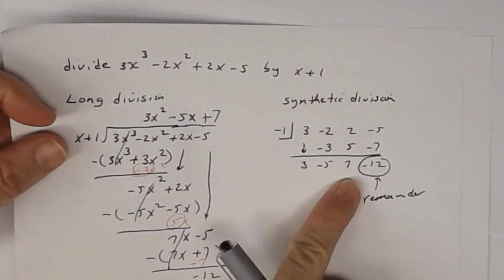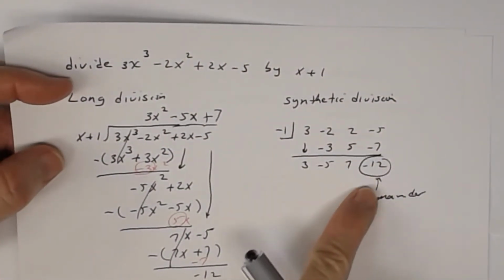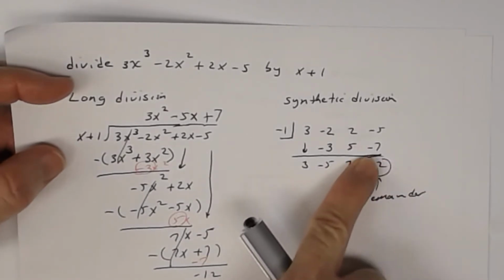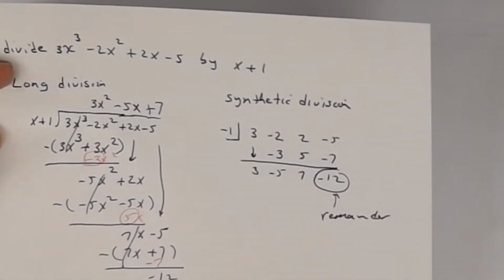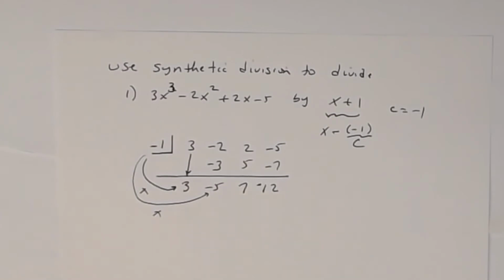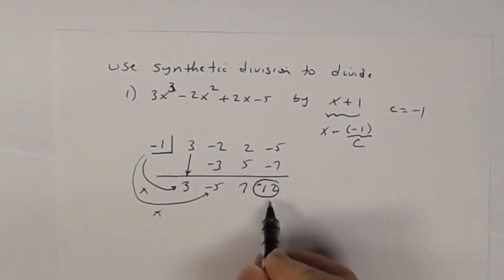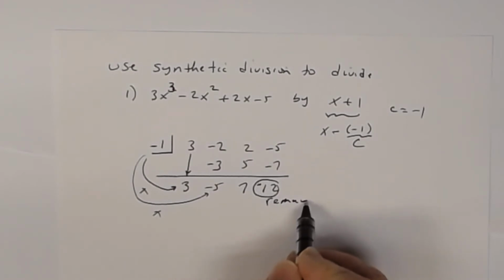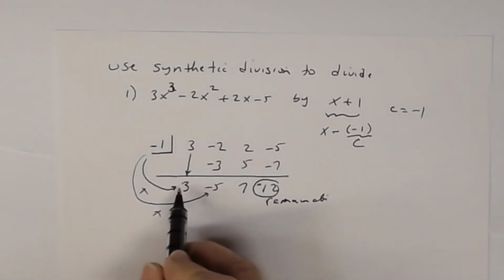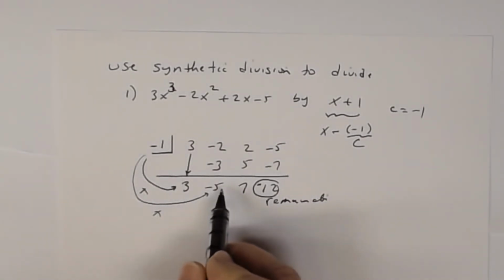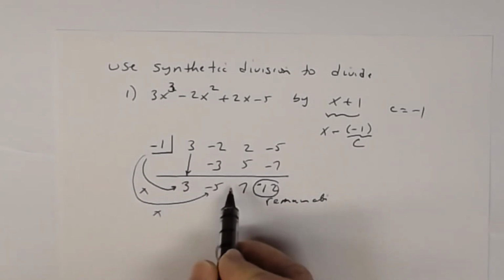Remember we said that last number is your remainder. So my remainder is negative 12. Circle the remainder, so that it helps you. That means these will be the coefficients of your quotient.